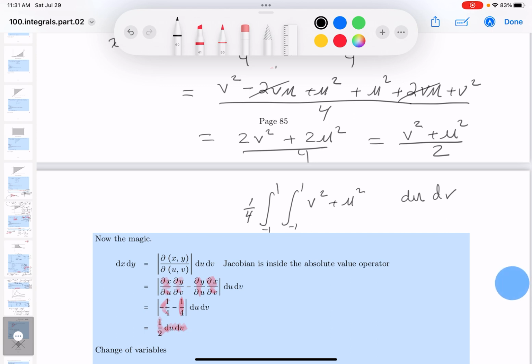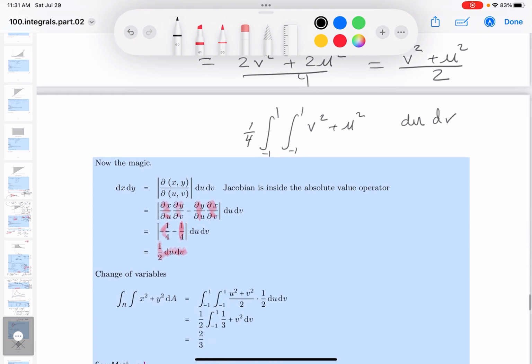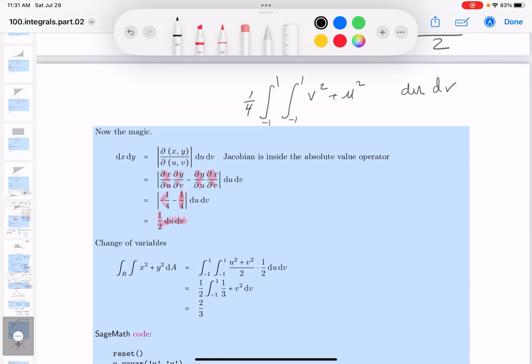Okay. Let's see what we got over here. v squared plus u squared. Let's see if we can do that. And let's do one thing at a time. The first thing I want to do is just this guy over here. What are you going to get? Well, you can get u v squared plus u cubed over 3.